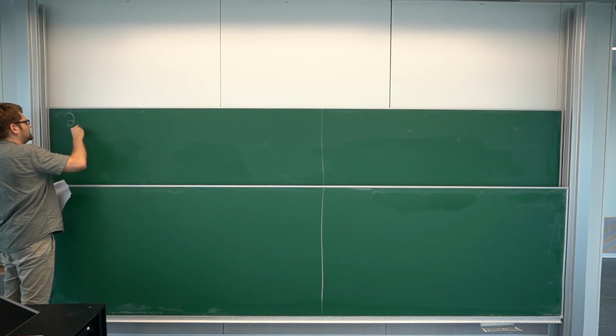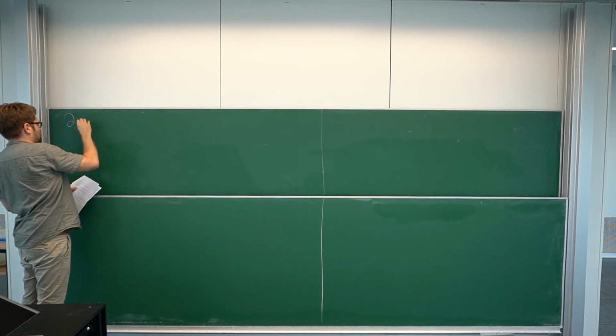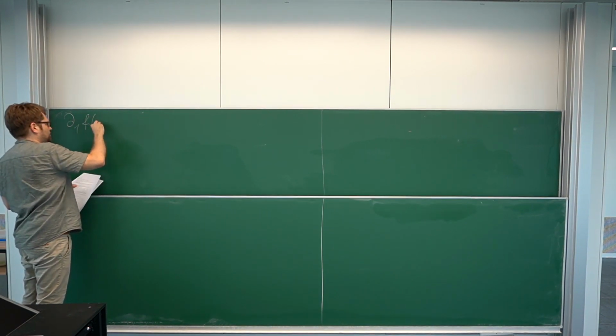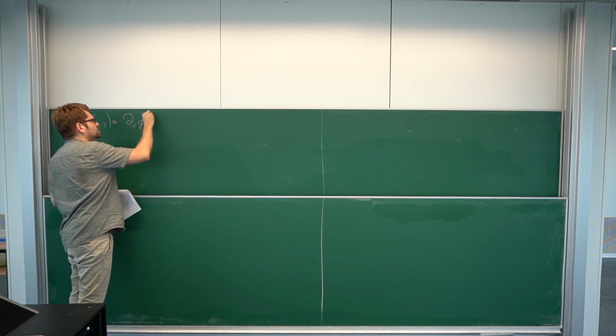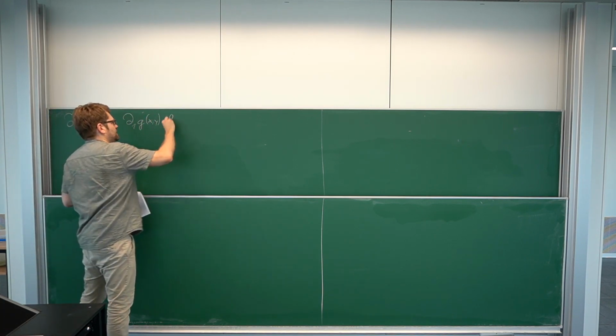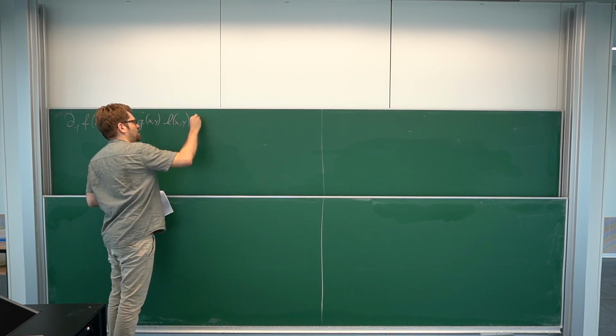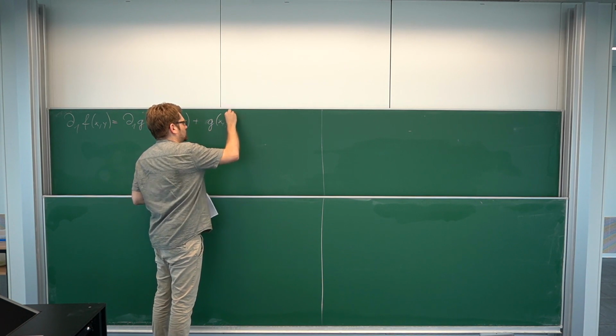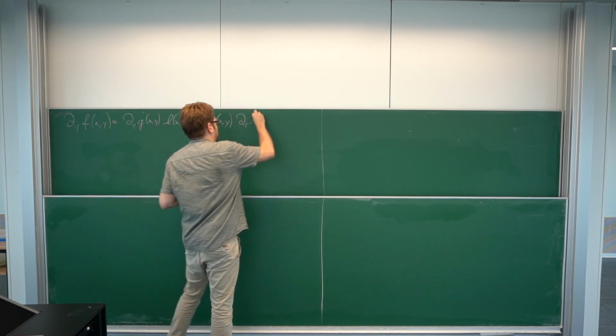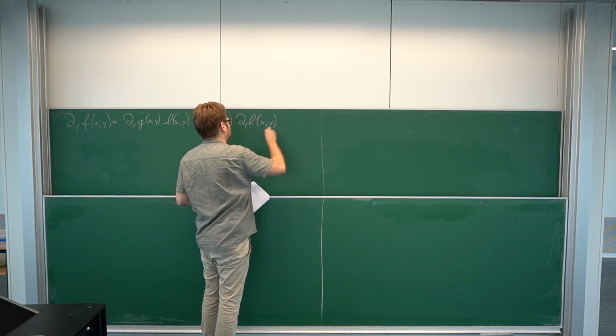Namely, by this remark, the first partial derivative of f in a point (x,y) is the same as d1g(x,y) times h(x,y) plus g(x,y) times d1h(x,y). And now we just have to insert the definitions.